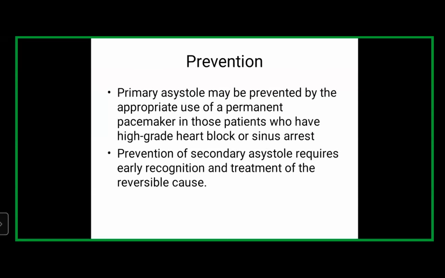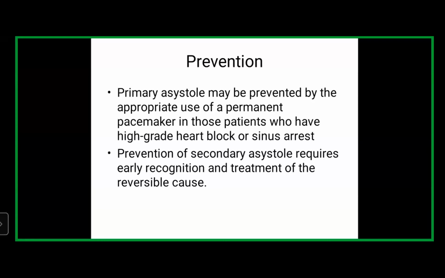CPR is advised, and look out for possible reversible causes, and maybe treat. If there's thrombosis, you want to rush and take the patient to the cath lab and get rid of the thrombus and revascularize the artery, and that could also help to increase the chance of the patient returning to spontaneous circulation.